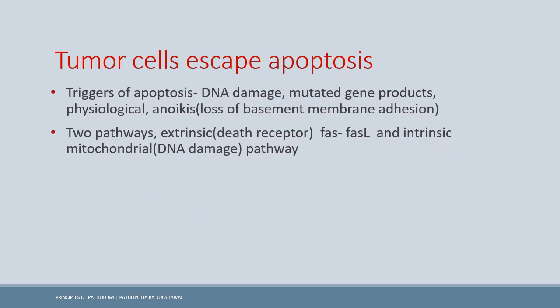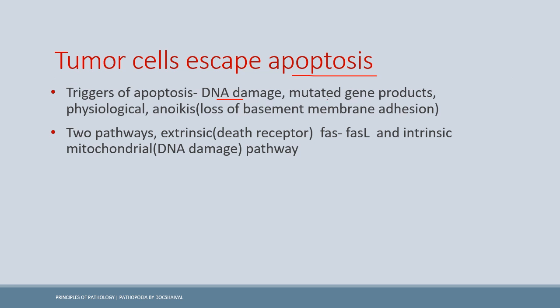Another property of the tumor cells is their ability to escape apoptosis. Now, apoptosis is programmed cell death, and the triggers of apoptosis are many. Say we have DNA damage, then p53 would detect the DNA damage and cause apoptosis or senescence.